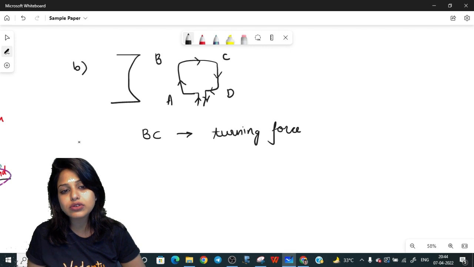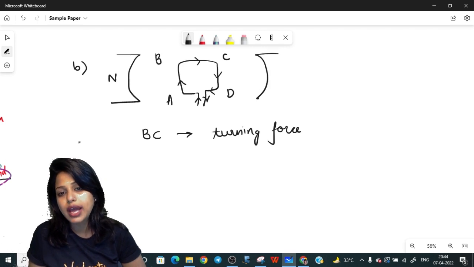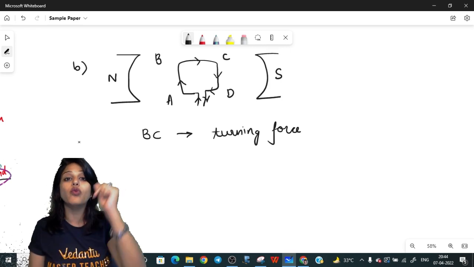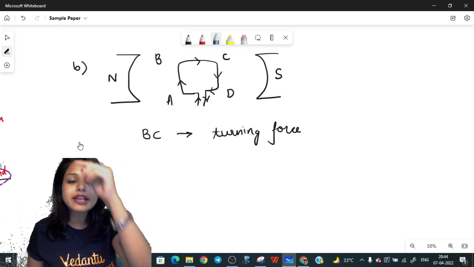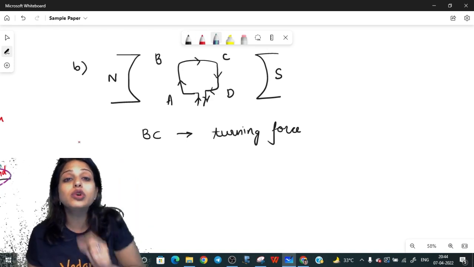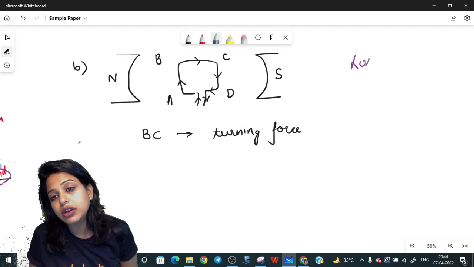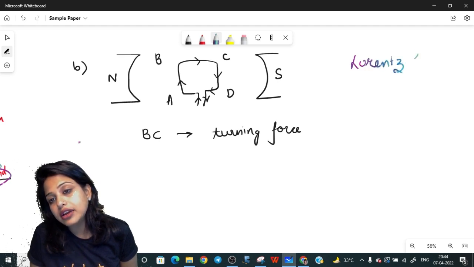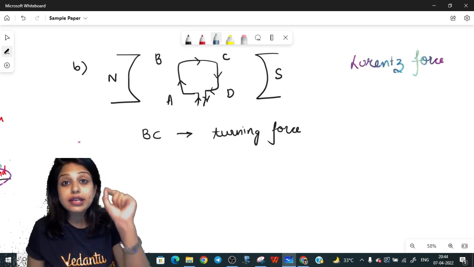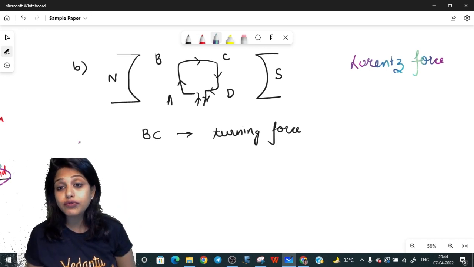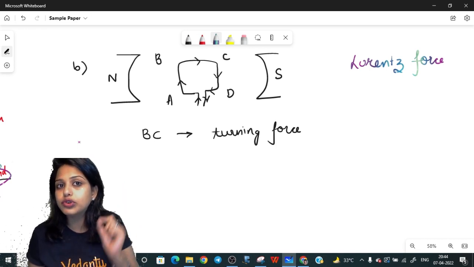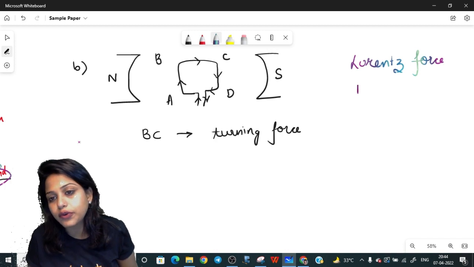Now to answer this question, I'll explain it to you and then tell you what to write. The force on a current carrying conductor is taken to be the Lorentz force. Though you do not have to know the formula as it is not part of your syllabus, it is always useful to know which quantities the Lorentz force depends on.